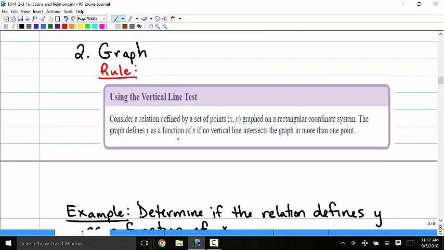The graph defines y as a function of x if no vertical line intersects the graph in more than one point. That's the rule. No vertical line can intersect the graph in more than one point.